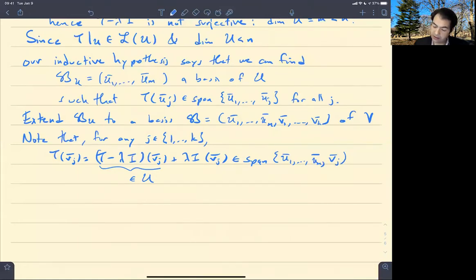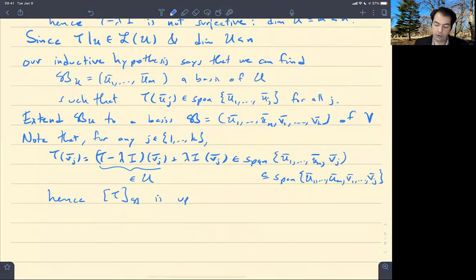And since that is definitely contained in the span, if you now allow yourself all of the vectors v1 through vj, then we're done. Then we know that the matrix associated to T with respect to this basis is upper triangular.